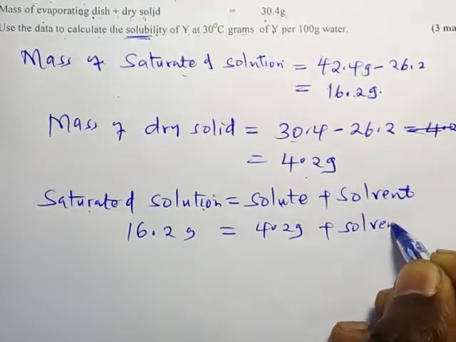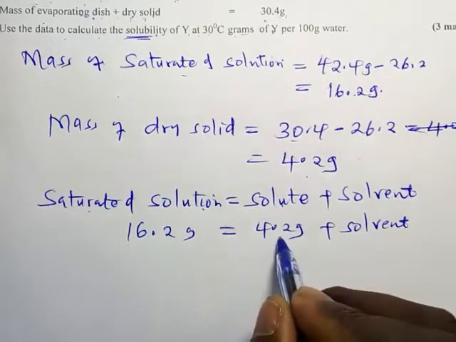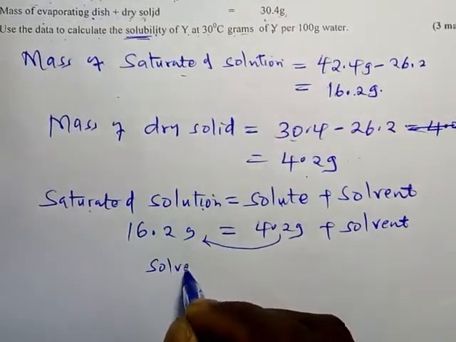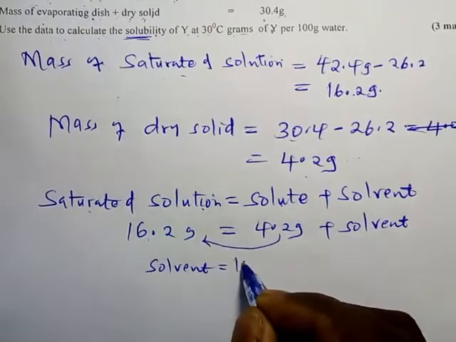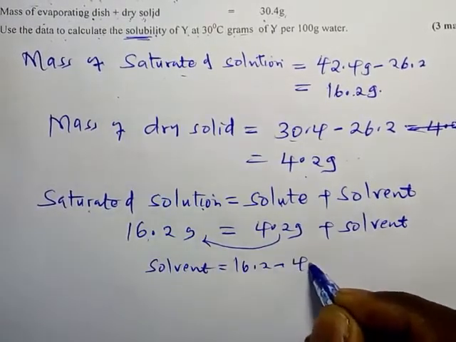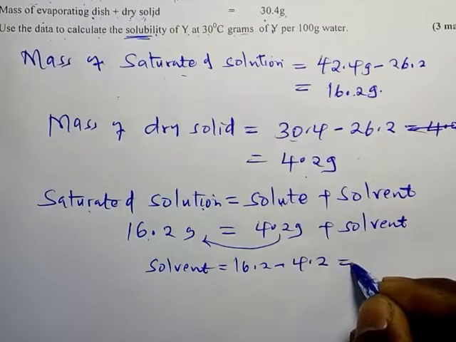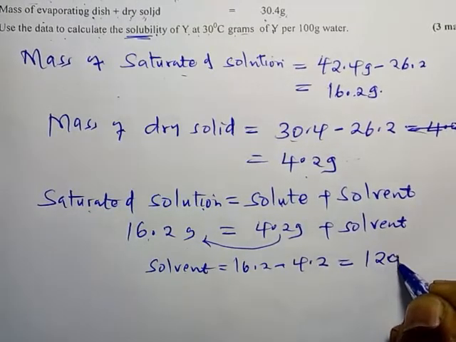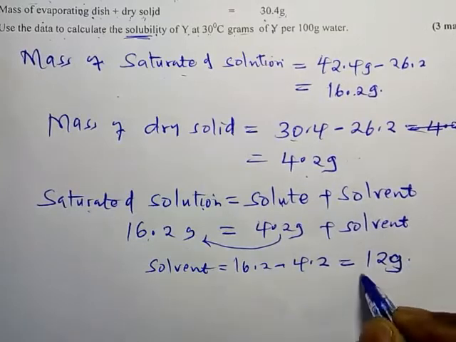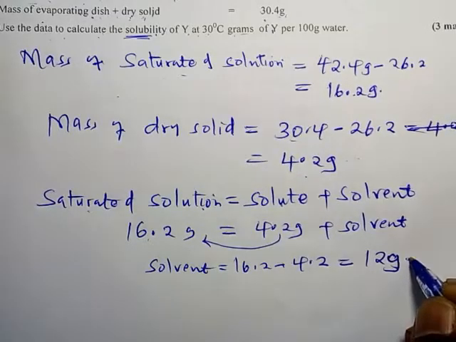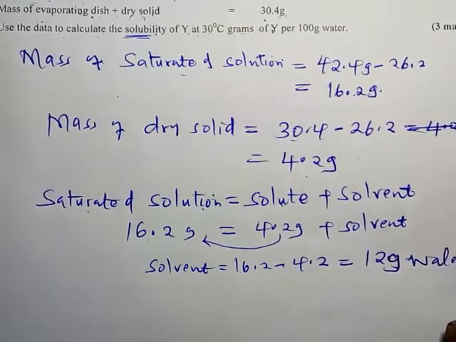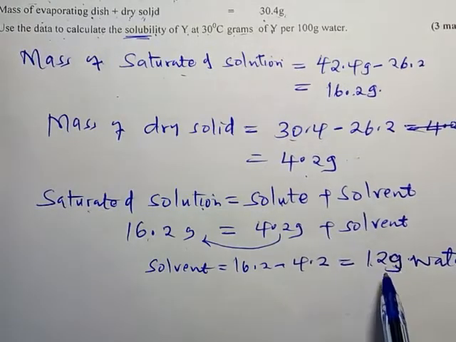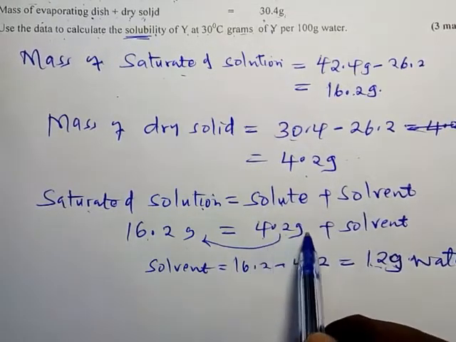We don't know the solvent, but we can get it by collecting like terms. So solvent equals 16.2 minus 4.2, which is the solid, and it gives us 12 grams. This is now the solvent, water. So 12 grams of water dissolved 4.2 grams.